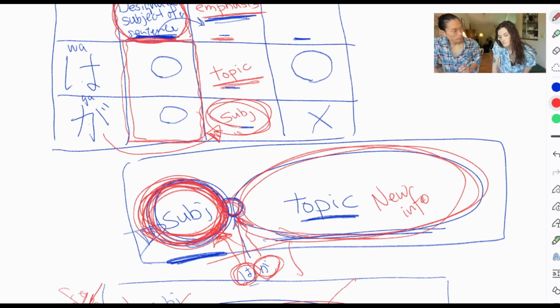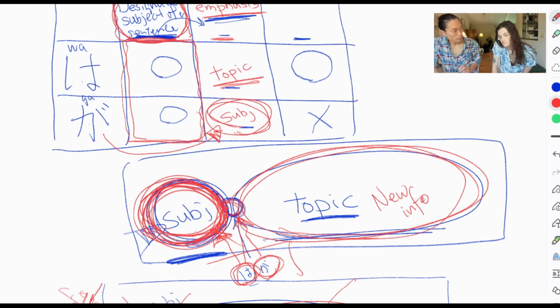Then to figure out what an object is, how do you figure out what's the most important word to figure out what an object is? It's the verb. Whatever the object is, we put the particle o. Okay. The particle o is the object marker.